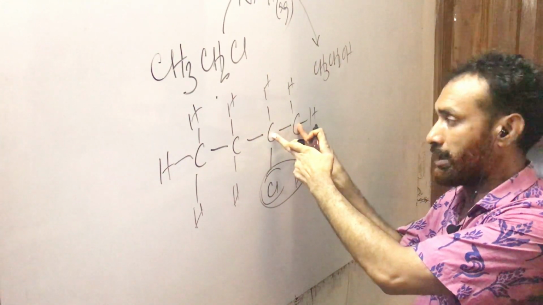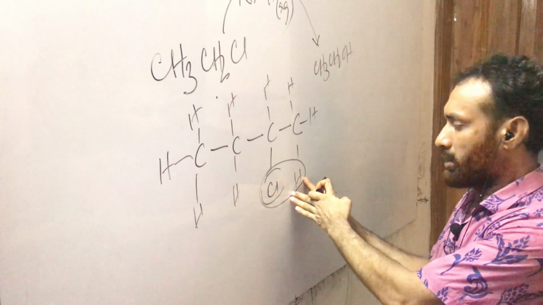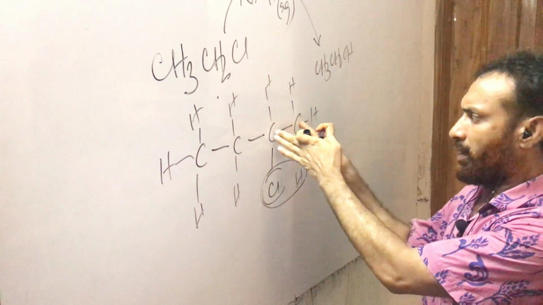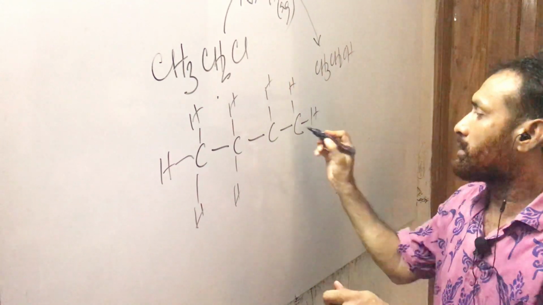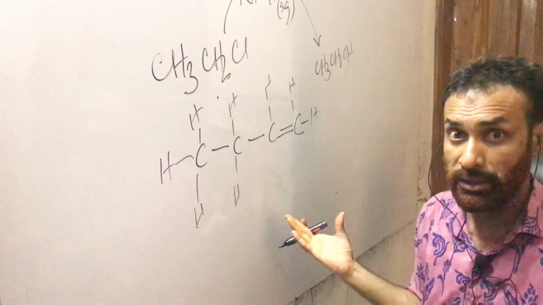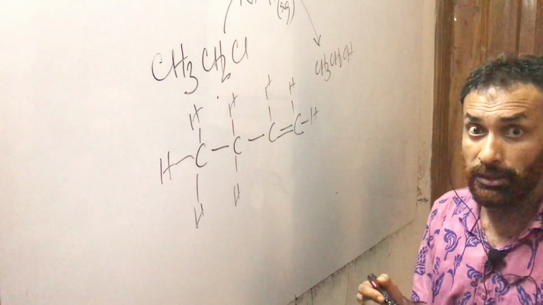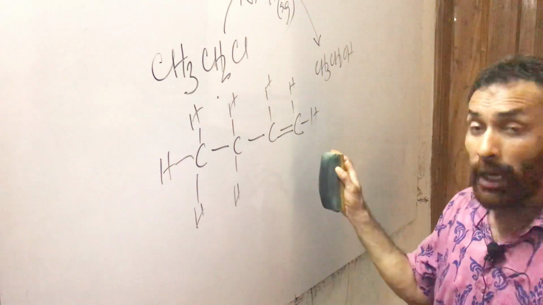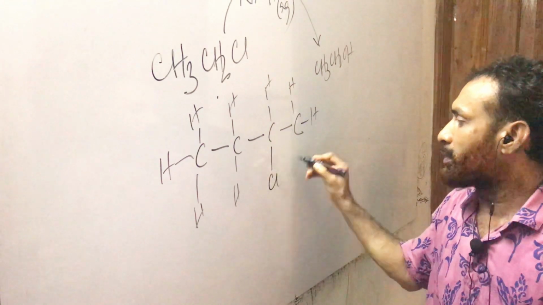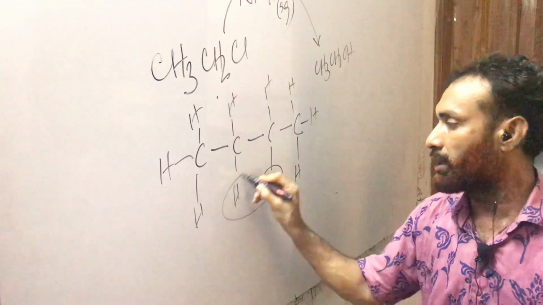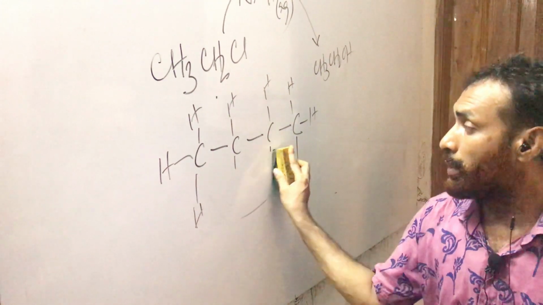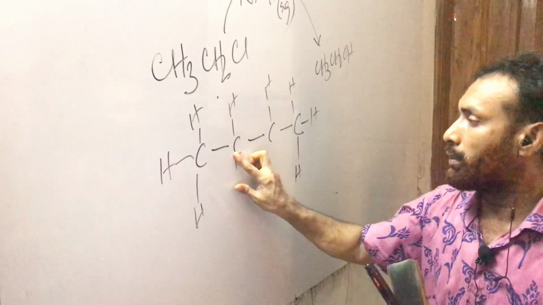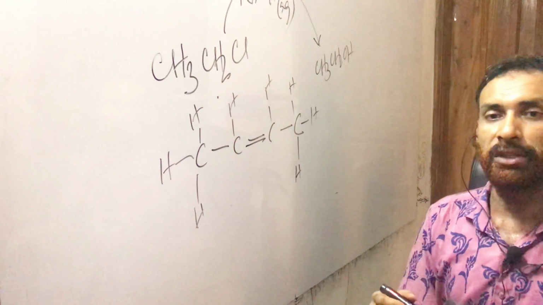If chlorine takes this hydrogen to form hydrogen chloride and a double bond forms between these two carbon atoms, the product is but-1-ene. But if chlorine takes this other hydrogen, what would be the product? The product would be but-2-ene, with the double bond forming between these two.